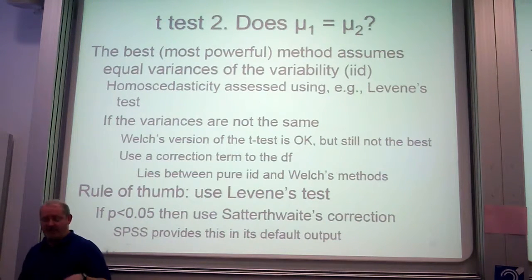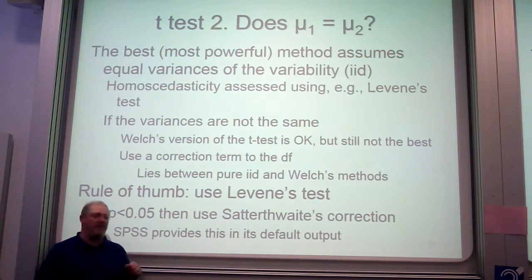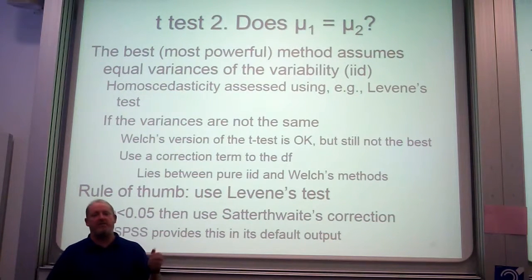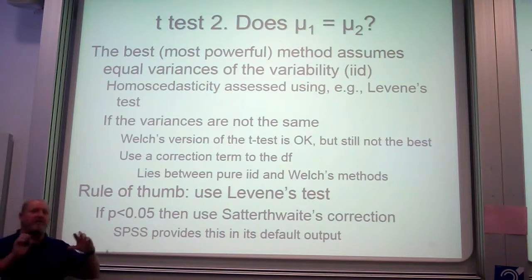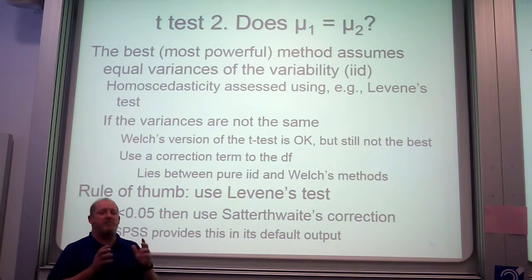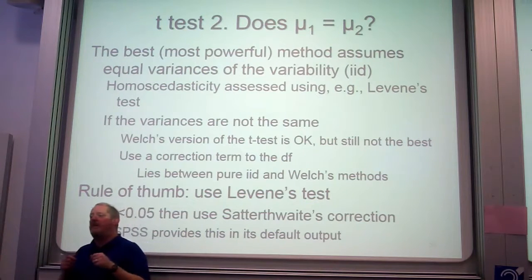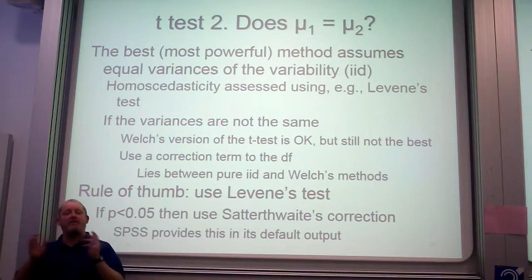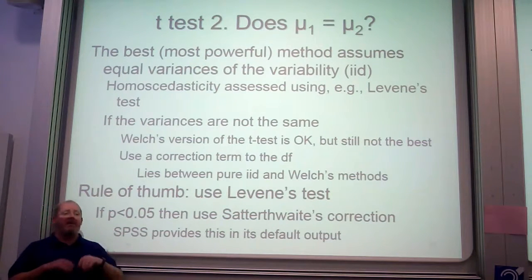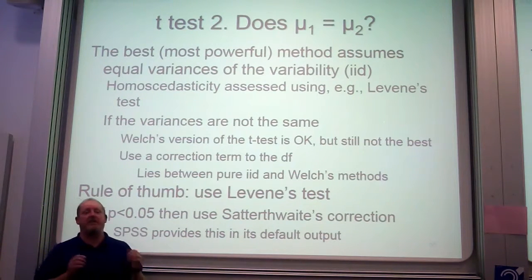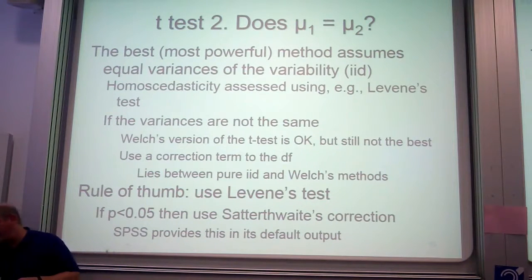If Levene's test is non-significant, p greater than 0.05, then you just have to use the uncorrected version, which is using this most powerful method, a pooled estimate. You often see people talking about pooled estimate. It adds all of the data together and treats them in one go. Because there's now a much larger sample size, it gives you a better, more powerful estimate of standard deviation, which means it'll be more powerful in detecting differences.